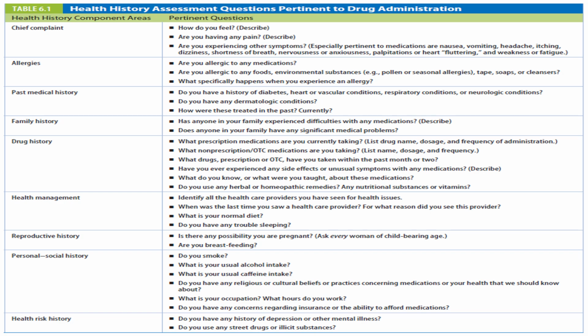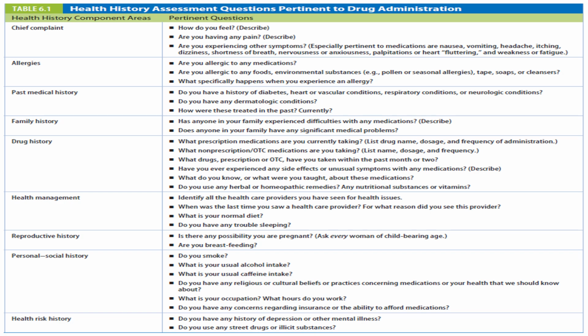These provide the baseline data to compare with future assessments and guide the healthcare provider in deciding which medications to prescribe. Because many medications can affect the heart rate and blood pressure, the nurse should carefully document chronic conditions of the cardiovascular system.